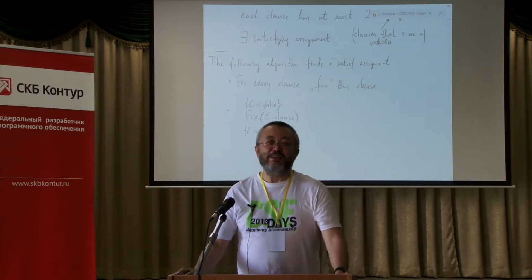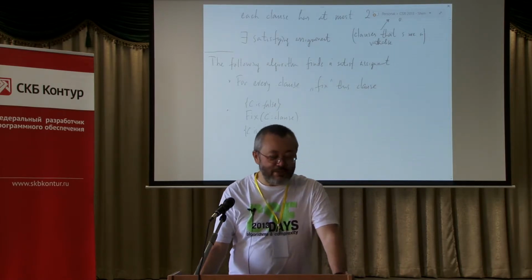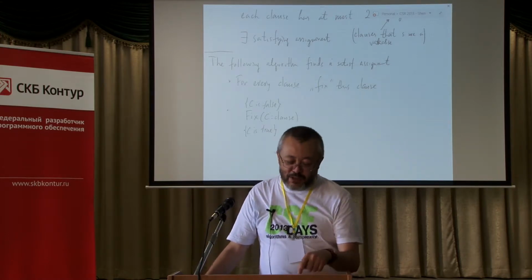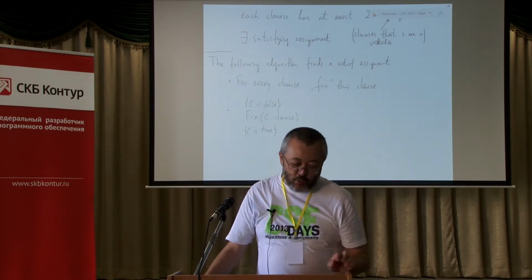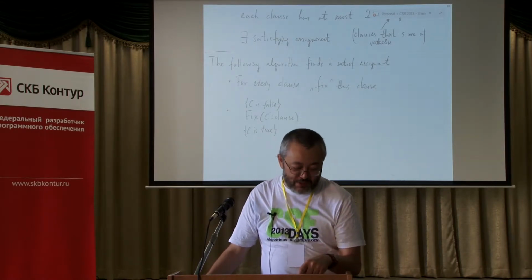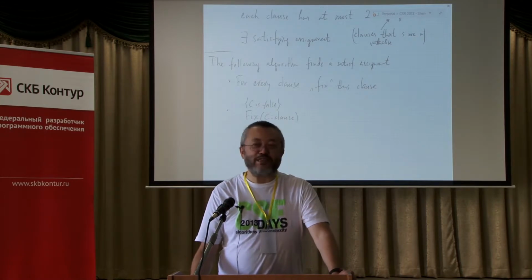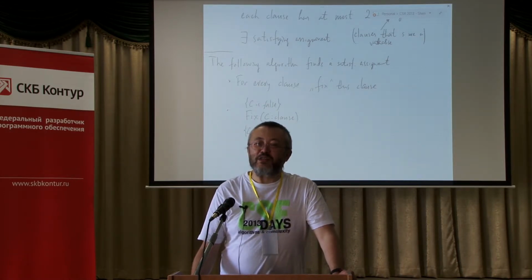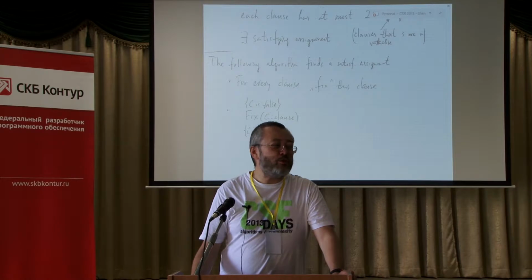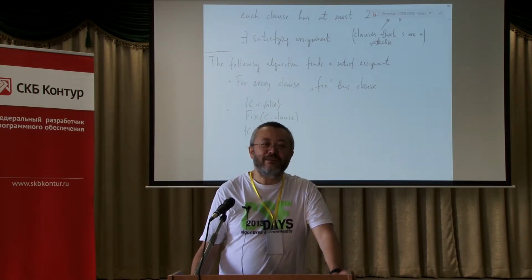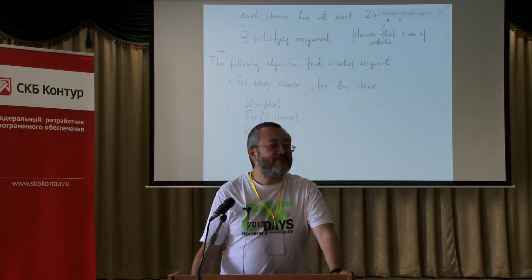And there is an exercise for a programming course. Is it okay? So imagine we have the procedure which satisfies these pre and postconditions. And then we fix every clause. Is it enough to make a satisfying assignment? And if not, what else do we need? What should we write in the postcondition? All the clauses which were true.